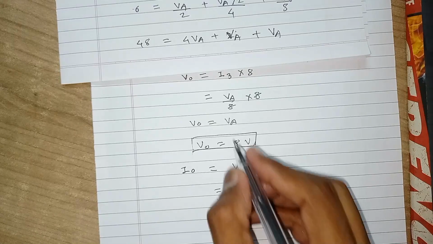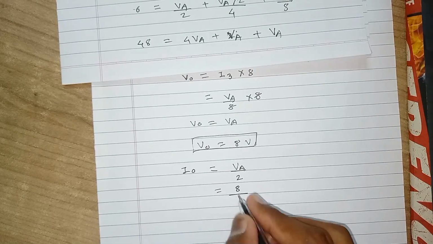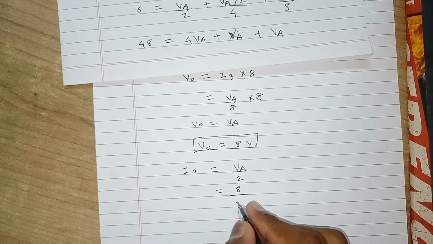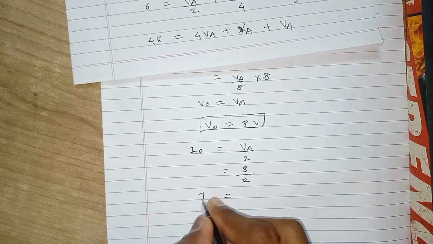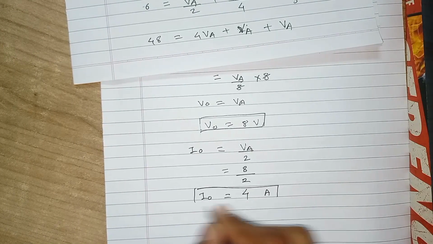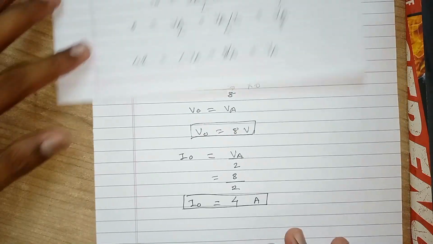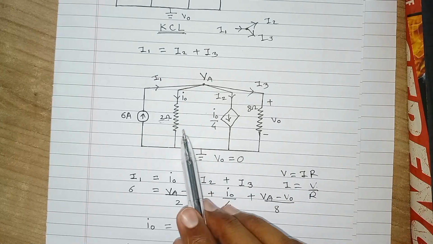We have the value of VA, that is 8 volts. Therefore, I0 will be equal to 4 amperes. So we have found the value of voltage and current in the circuit.